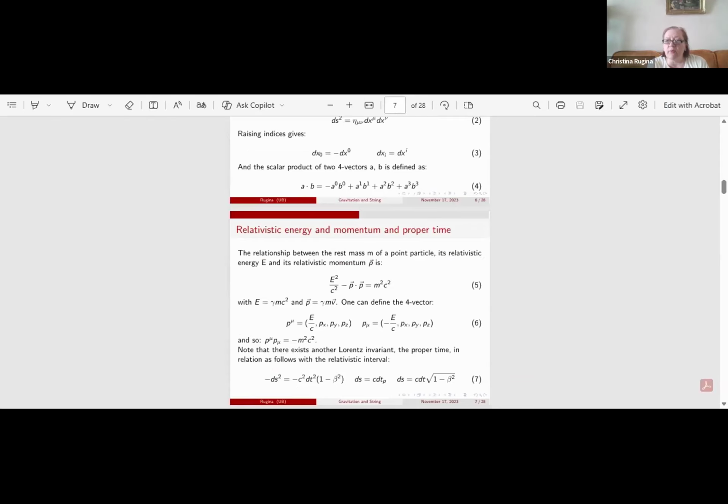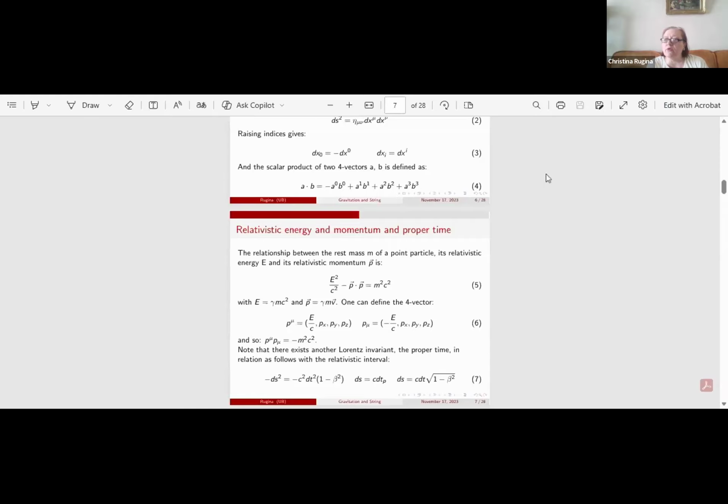Okay, the relativistic energy and momentum and proper time. Energy and momentum is like that. For momentum, this is up and this is down. They usually differ by a minus sign because of the Minkowski matrix, which raises and lowers indices.